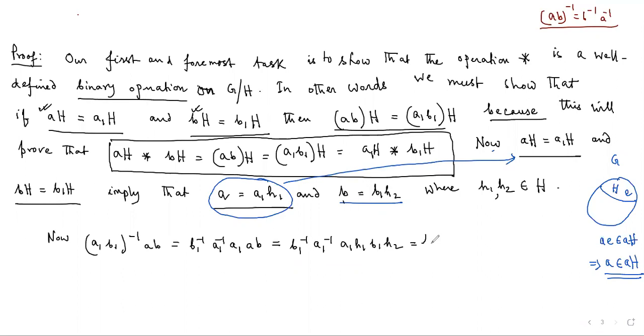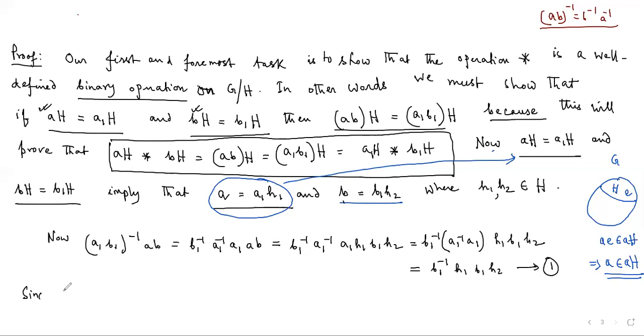Now we can associate this A1 inverse A1, and the rest will remain same, and from there we actually get B1 inverse H1 B1 H2. So this is number one.